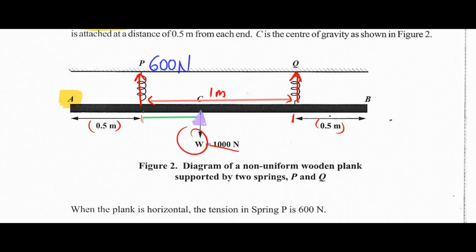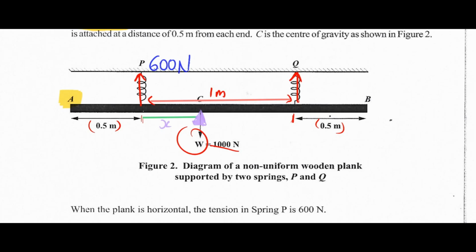So basically, that would mean that the moment of this would be equal to the force, which is 1000 newtons, multiplied by, from this distance here, this would be x. Let's just call it x because we don't know it, it's an unknown, right?